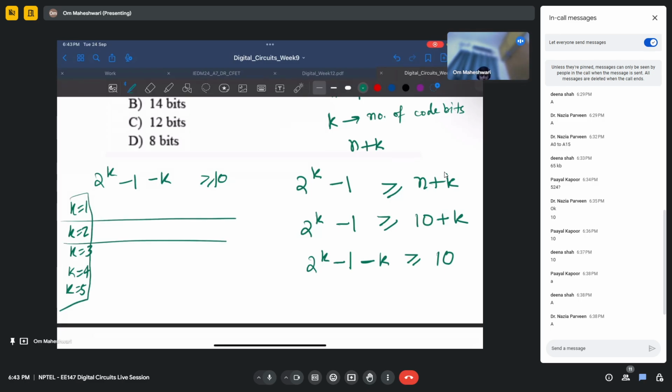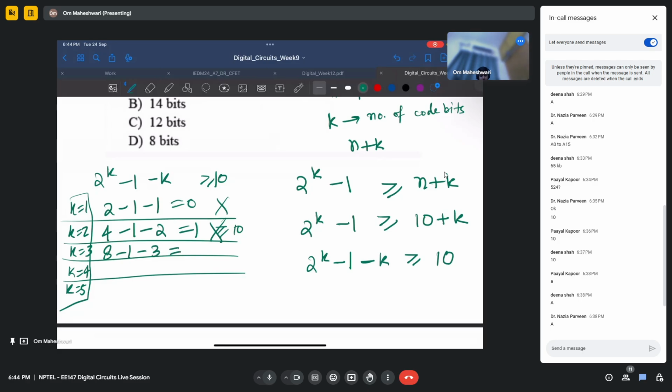For k equal to 1, 2 to the power 1 is 2 minus 1 minus 1, which is 0. For k equal to 2, 4 minus 1 minus 2, which is 1. 1 is still not greater than or equal to 10. For k equal to 3, 8 minus 1 minus 3, which is 4, still not greater than or equal to 10.